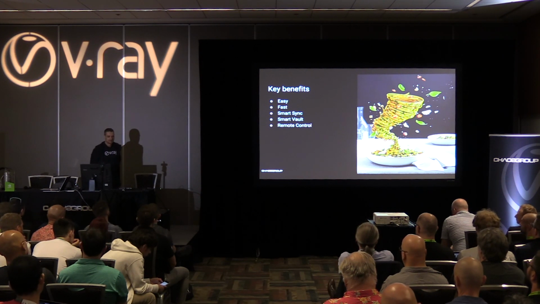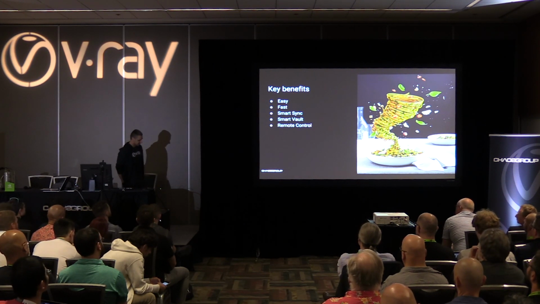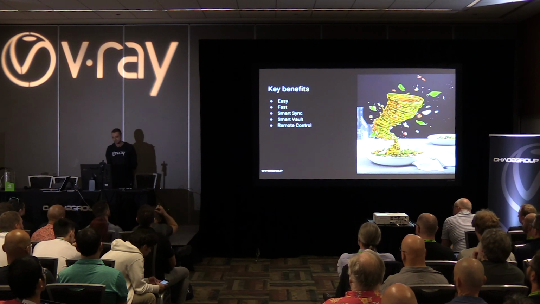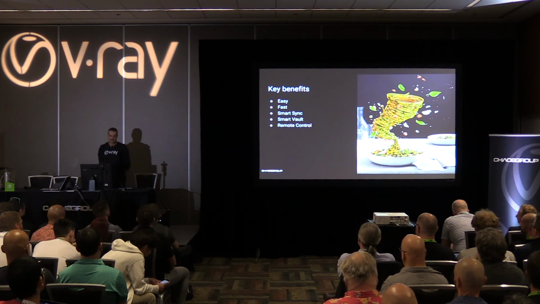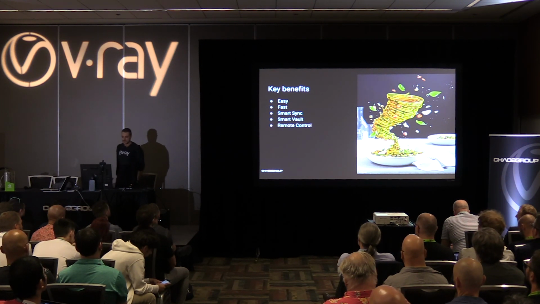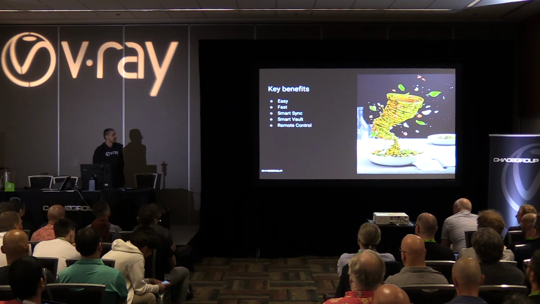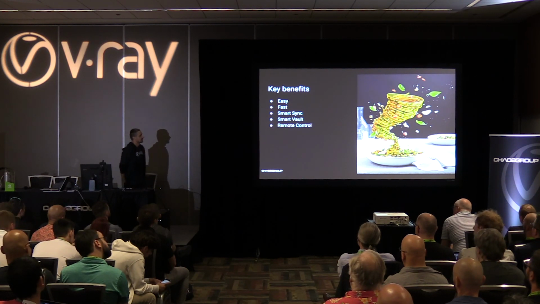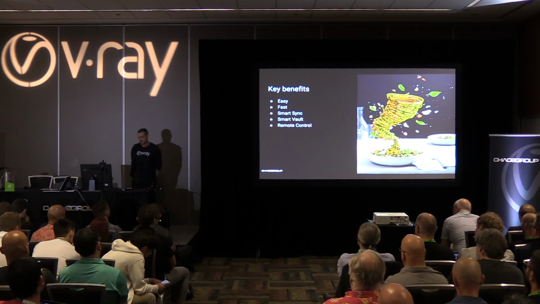It's also pretty fast. It renders on the Google Cloud, and in the time that you render one frame, you can actually render an entire animation. It's pretty impressive. We also upload assets in a very intelligent way. We only upload changes from the previous state of your scene.